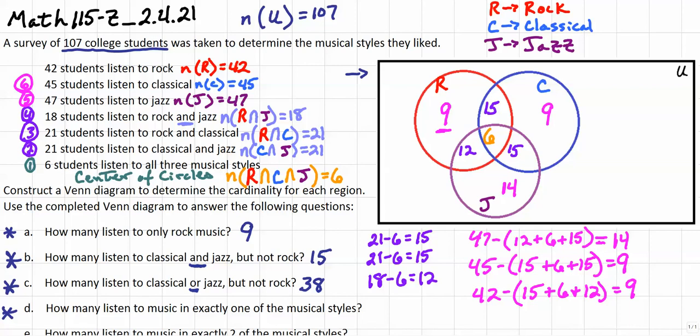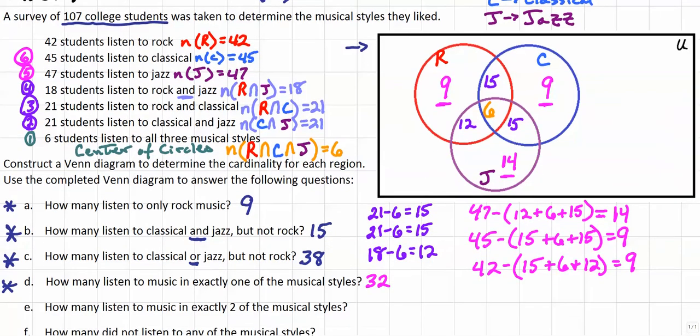There are 9 that listen to only rock. There are 9 that listen to only classical. And there are 14 that listen to only jazz. So that means that I'm going to add all of those values, 9 plus 9 plus 14, which will yield 32. So there are 32 students that listen to exactly one musical style.